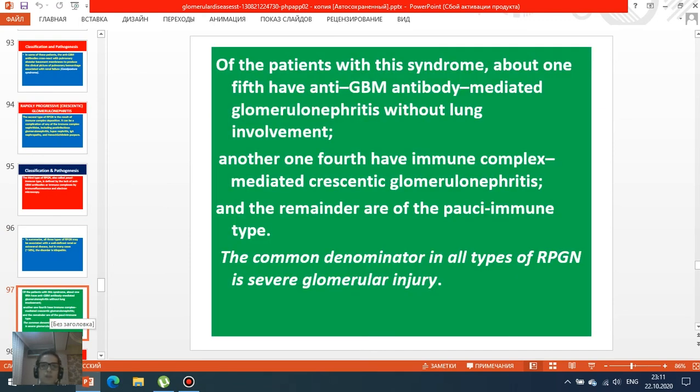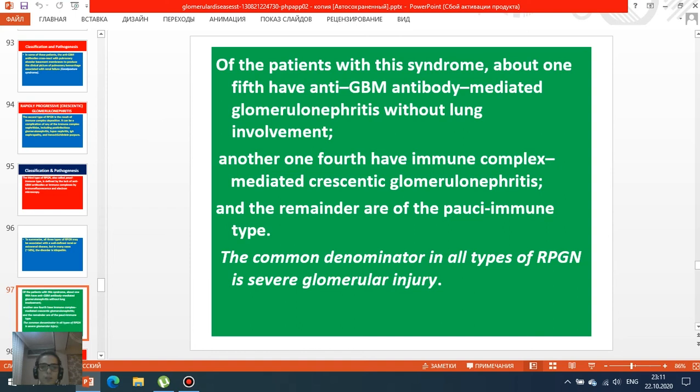Of the patients with this syndrome, about 1/5 have anti-GBM antibody-mediated glomerulonephritis without lung involvement. Another 1/4 have immune complex-mediated crescentic glomerulonephritis, and the remainder are of the pauci-immune type.